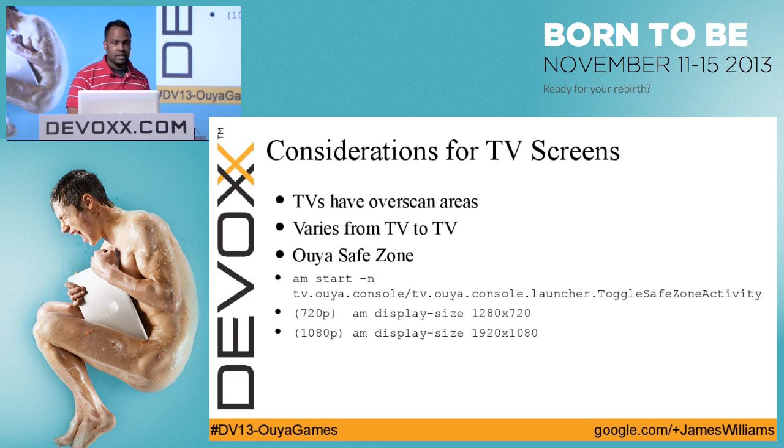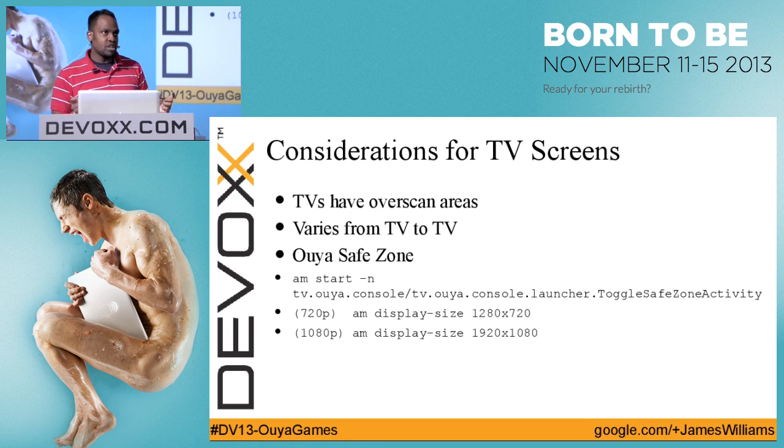And like I was saying before, don't even try to use it outside the Ouya. When you're making a game for your TV, there are different overscan areas, areas that are unsafe to put things, because some TVs will have really small overscans, so they show you everything from one end to the other.